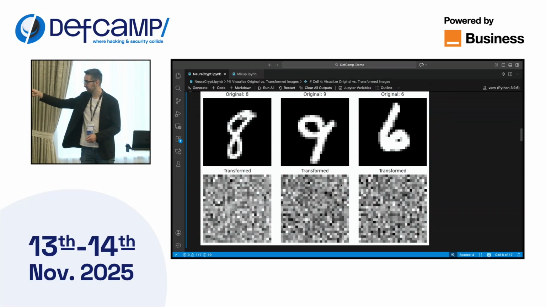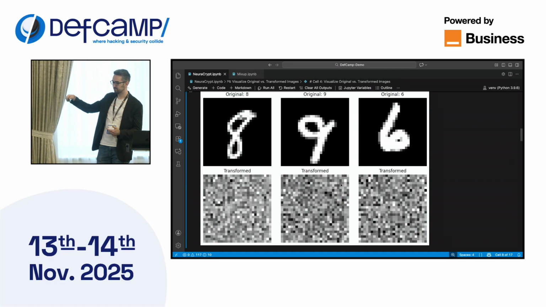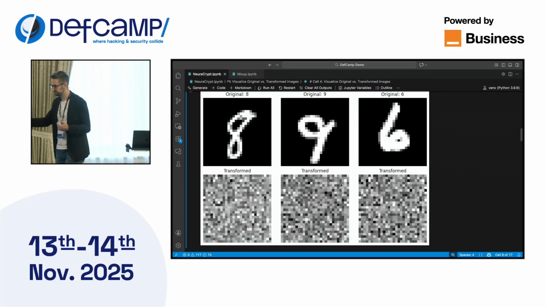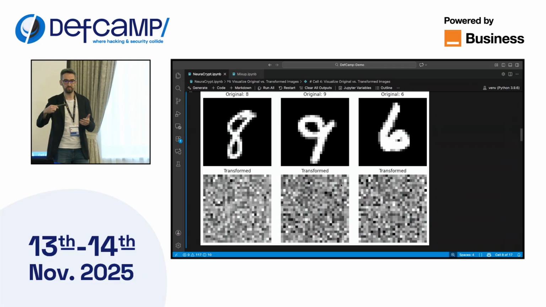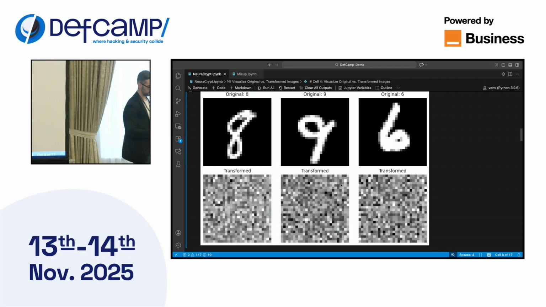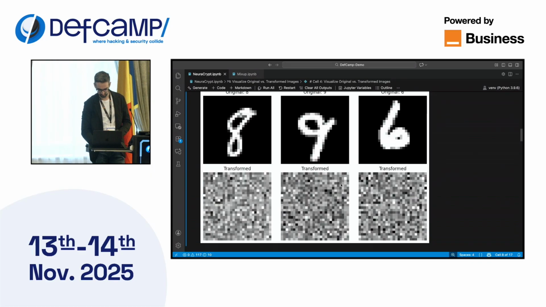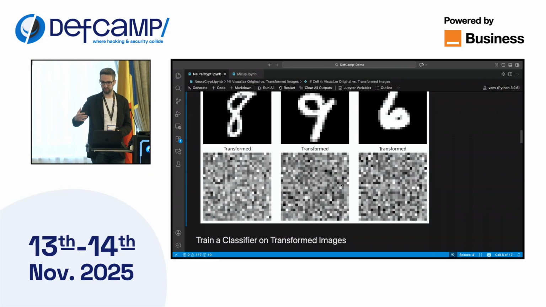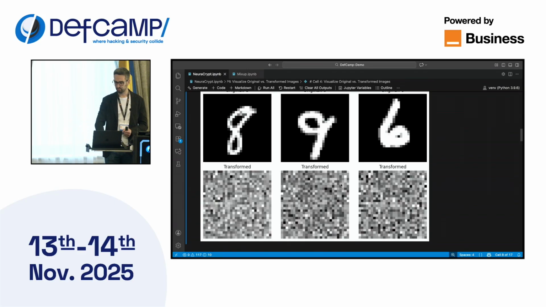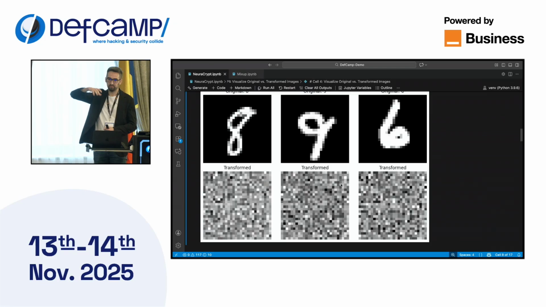As you observe, the transformed images apparently do not leak any information about the original image. So they are just noisy images. And this is intuitive because we use a random neural network. So we basically took each original image and we multiplied it with something random.